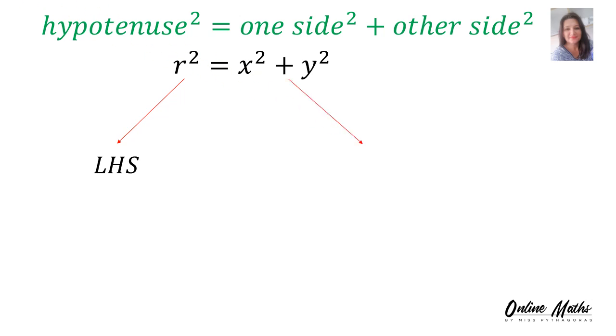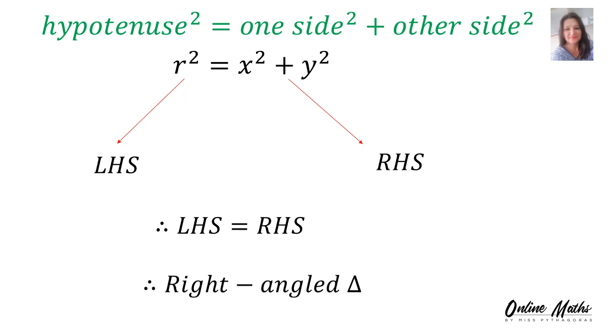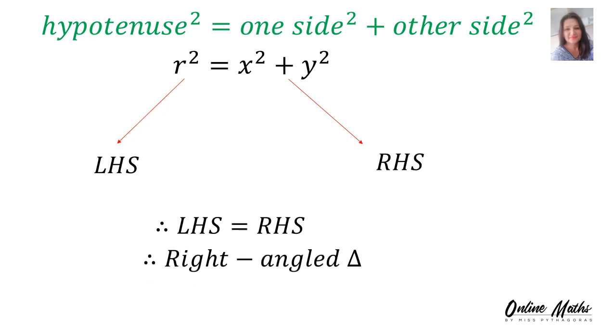That means it's the one side squared plus the other side squared, and you call that the right-hand side of your equation. And then when your left-hand side is equal to your right-hand side, then you are indeed dealing with a right-angled triangle. So in fact, you are doing the opposite of the theorem of Pythagoras.